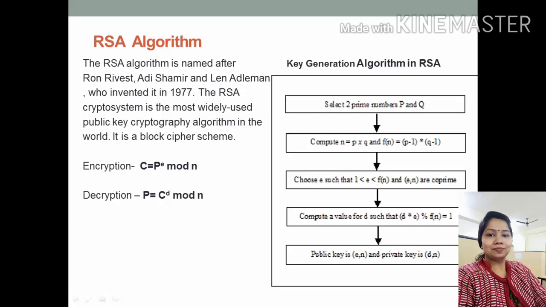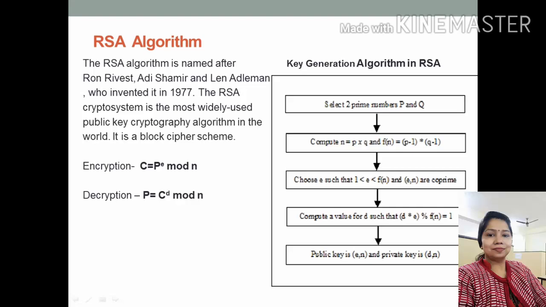This is the algorithm which is used for generating the key, and then the encryption and decryption formulas are based on this key. These keys are used in the formulas for encryption and decryption as given in this diagram.